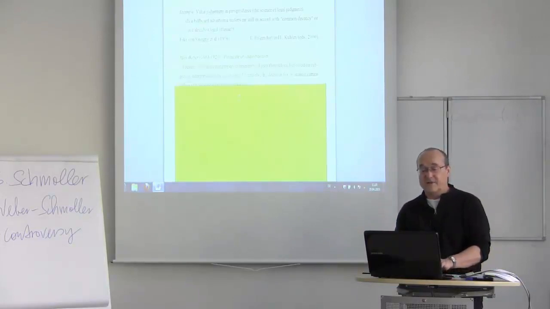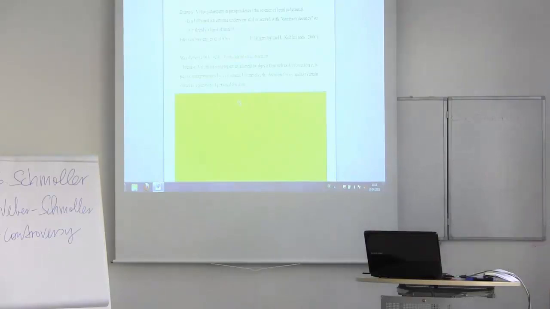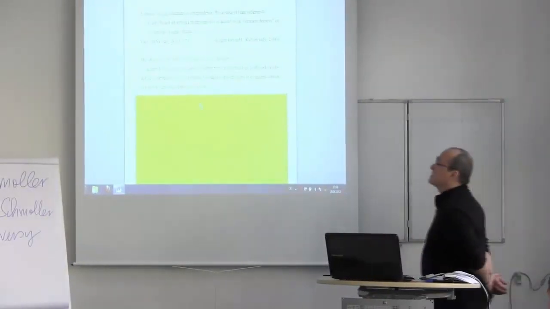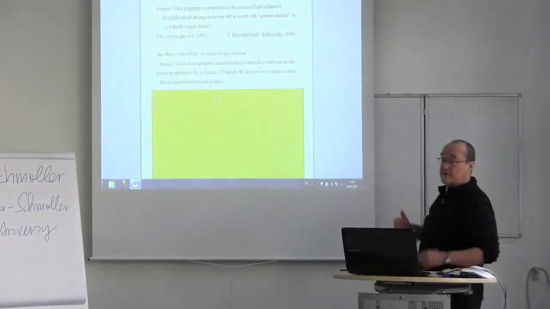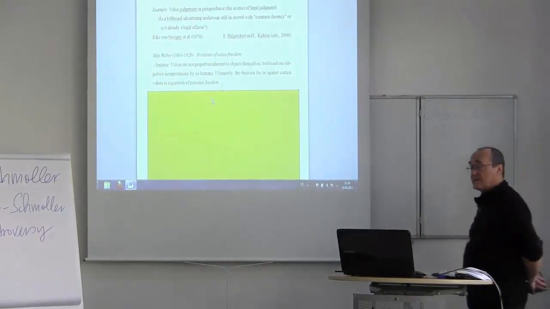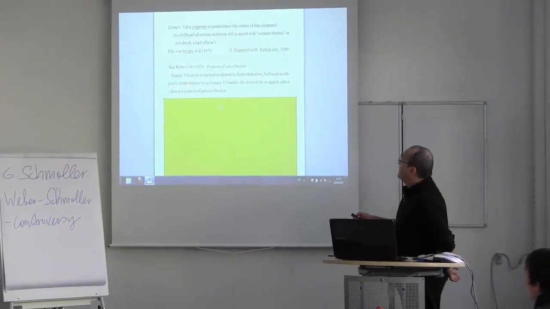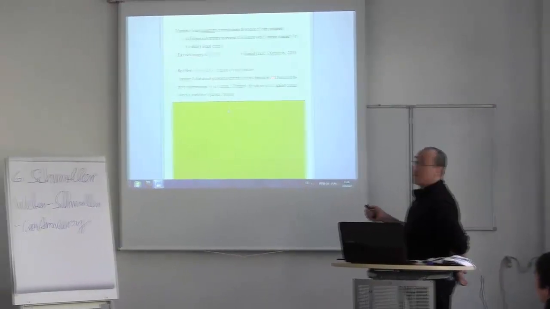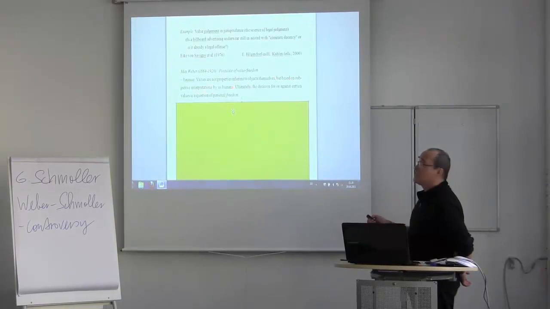And why? Because the major reason which all defenders of value neutrality would still have as their major argument for the value neutrality of science is clear. Values are not properties inherent to objects themselves, but are based on subjective interpretations by us humans.